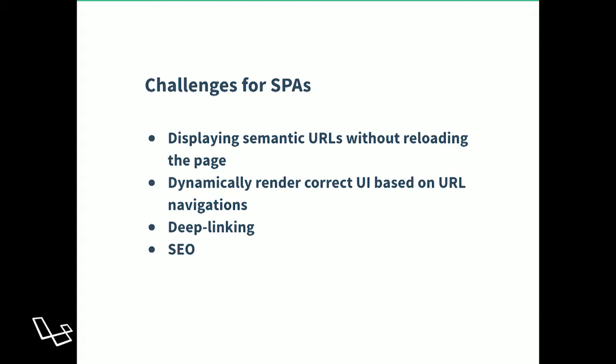And finally, deep linking and SEO. These are relatively hard problems, right? Deep linking is actually naturally solved if you solve number 2, because if you are able to render arbitrary correct UI layouts based on URLs, then you can just do that on the initial render. So deep linking is kind of solved by number 2.